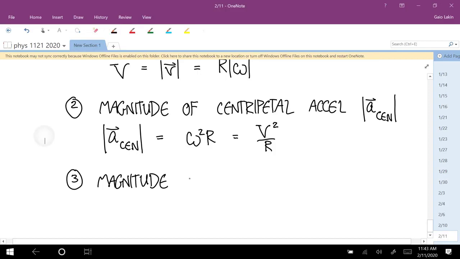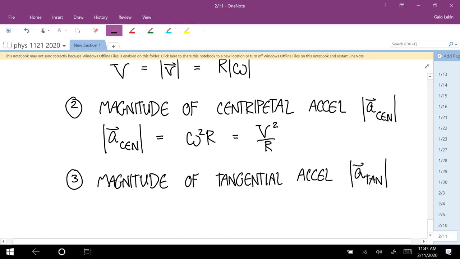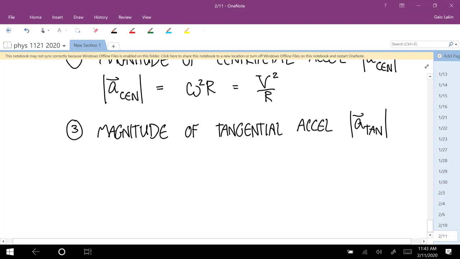So the magnitude of the tangential acceleration is equal to r times the absolute value of alpha.